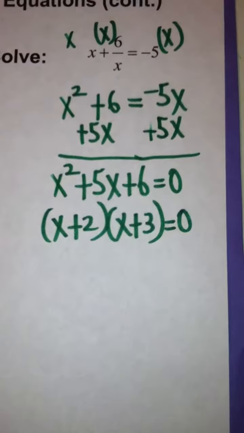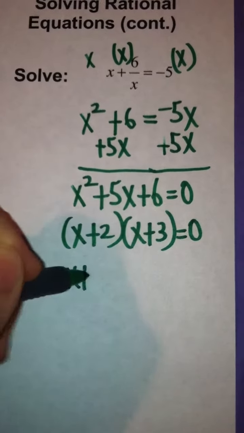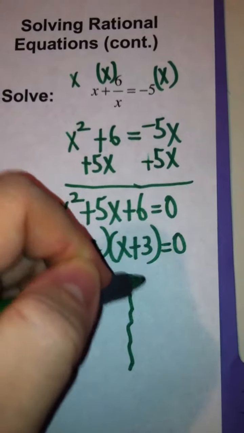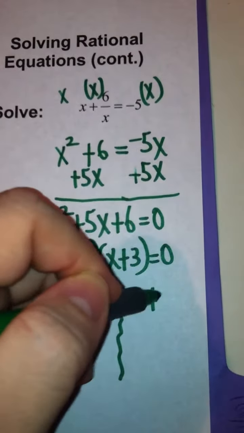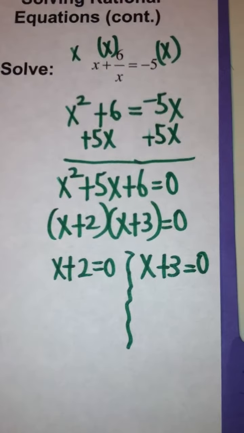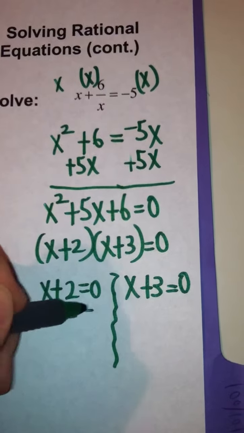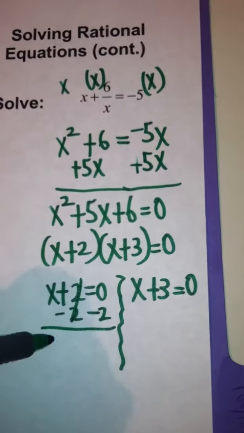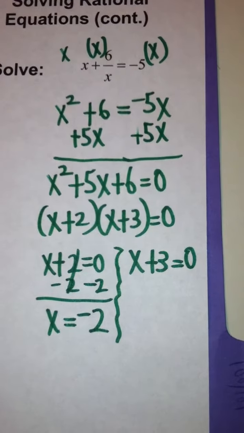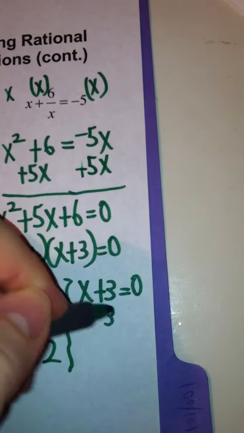To solve for x, set each part equal to 0. First equation, of course, subtract 2 from both sides. The last equation, of course, subtract 3 from both sides.